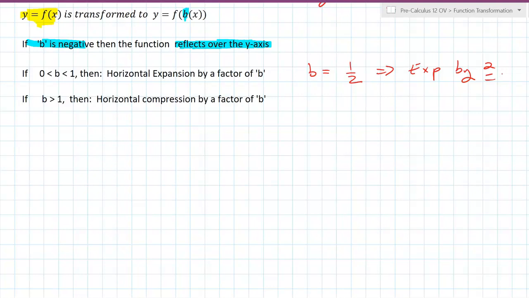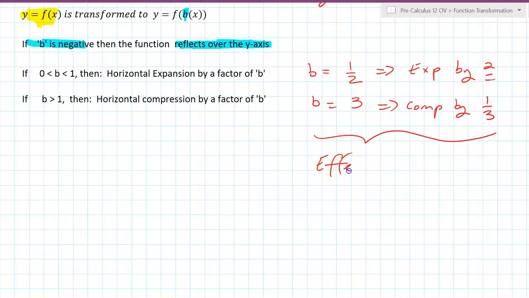But for the other one, if b is greater than 1, let's suppose b is 2 or 3, just to make it different, we're talking about a compression by a factor of 1/3, a third of the original. That's just the horizontal, only the x values. These are all affecting the x values only.